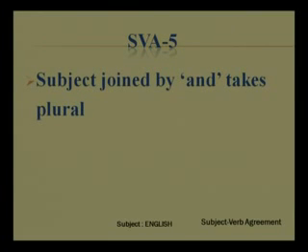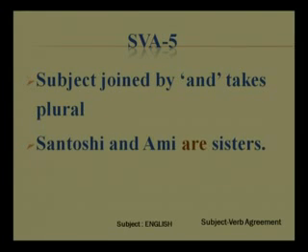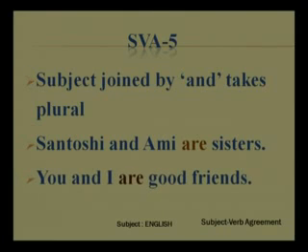Subjects joined by and will take plural verb. This is very simple. You can make many sentences using and, which will indicate plural in the subject, and that's why it will take plural verb. Santoshi and Ami are sisters. You and I are good friends.